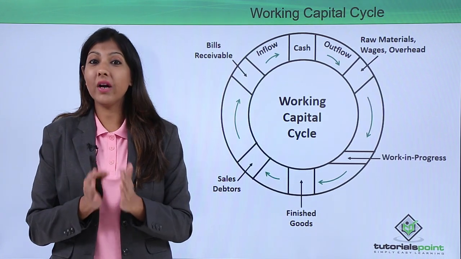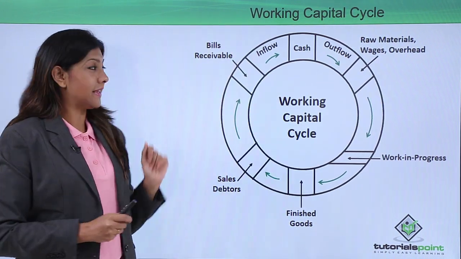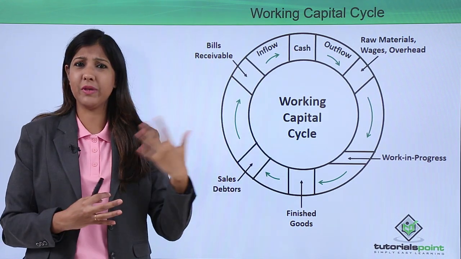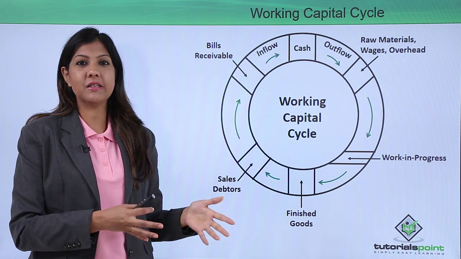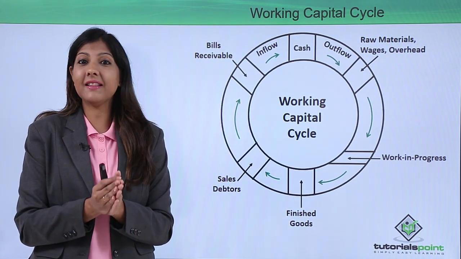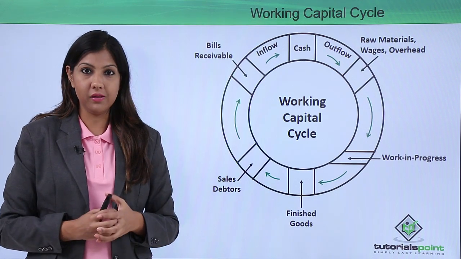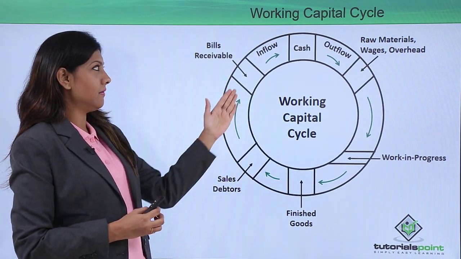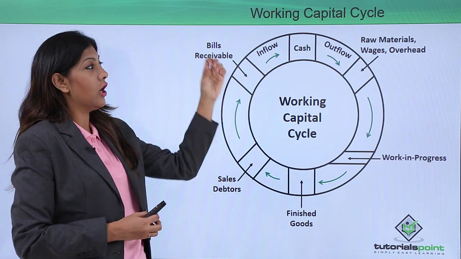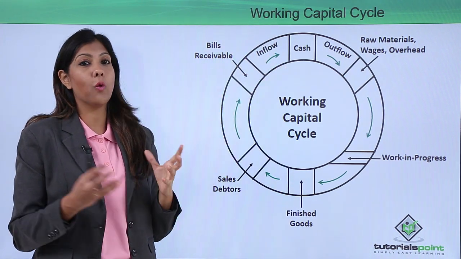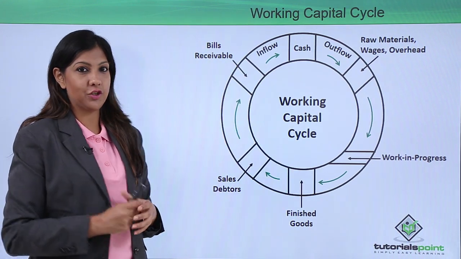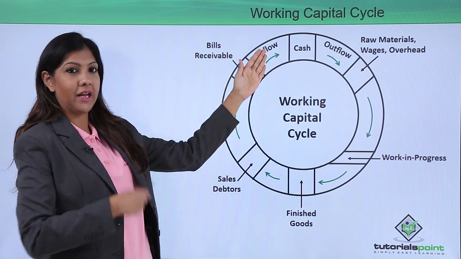So friends, the working capital cycle looks something like this. You have the bills which are receivable. Any kind of bills which are coming in, be it your electricity bill, your rent, your phone bills, anything which is being received as a bill in your company. There is an inflow of cash, and there is an outflow of raw materials, wages, overheads, salaries and other day-to-day petty cash expenses which are getting out of the company.